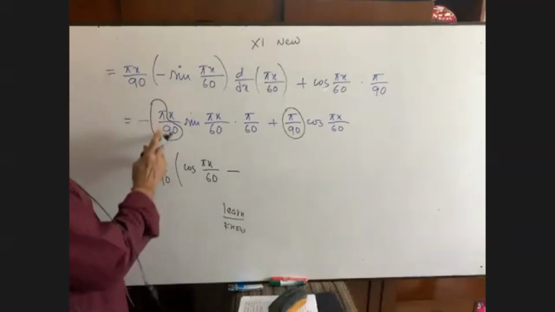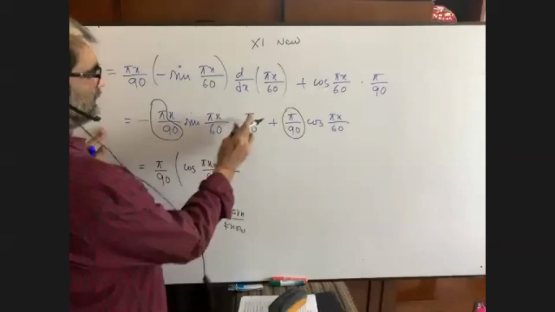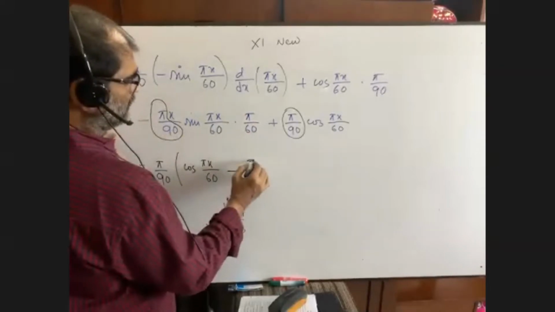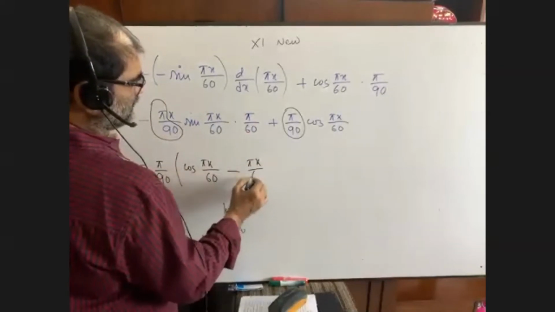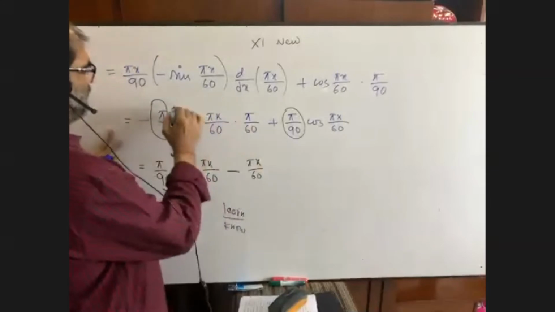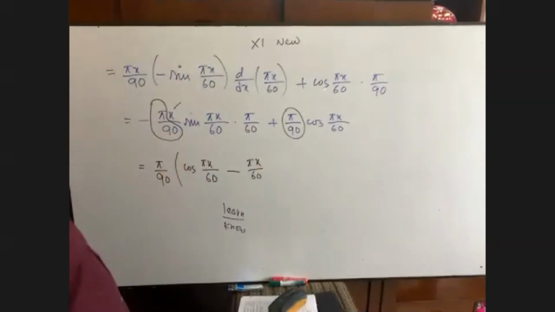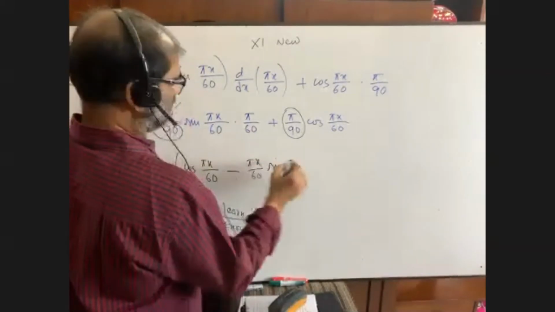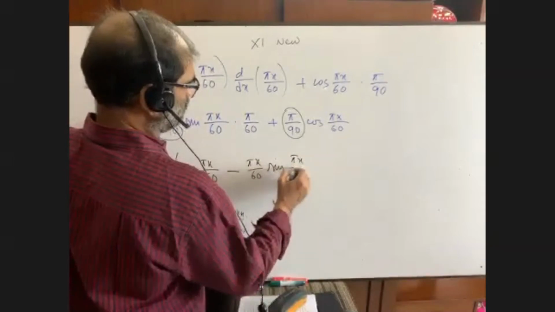So we are getting pi by 90 minus, you see, this is pi by 60 into x. So we can write here pi x by 60. This is pi and here x is left. So pi x by 60. Here sine pi x by 60.